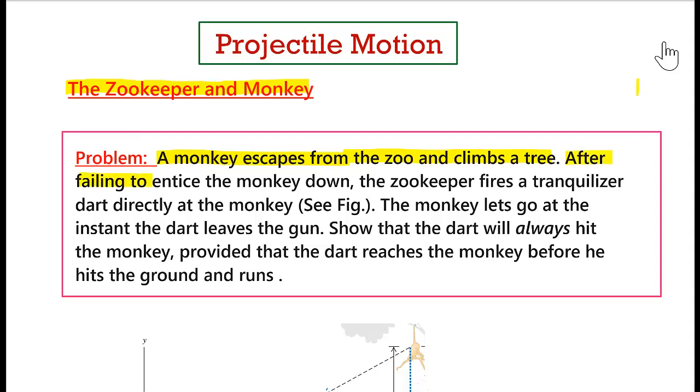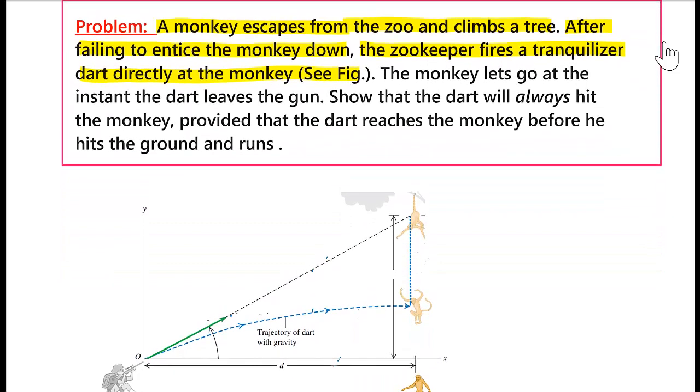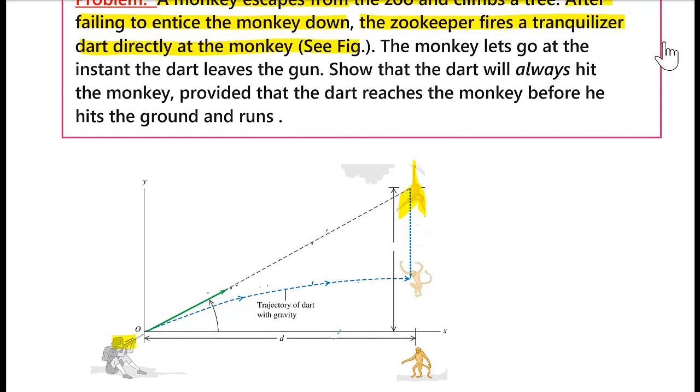After failing to entice the monkey down, the zookeeper fires a tranquilizer dart directly at the monkey as shown in the figure. This is the monkey here, hanging from a tree, and here we have the zookeeper. The zookeeper is not able to catch the monkey or entice it to come down.